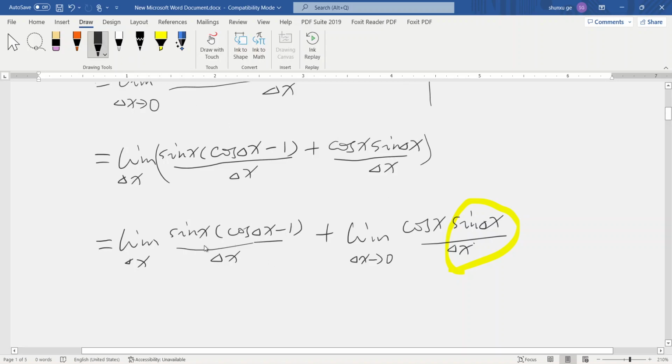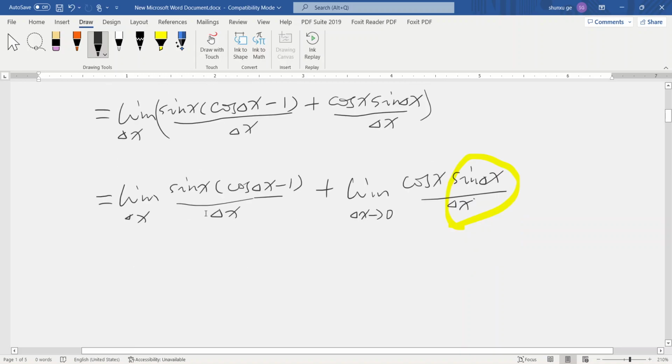Now we change this part. We cannot substitute 0 for delta x here, because delta x only approaches 0. If we put 0 here, the denominator becomes 0.